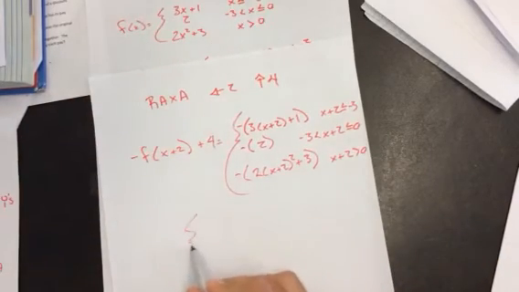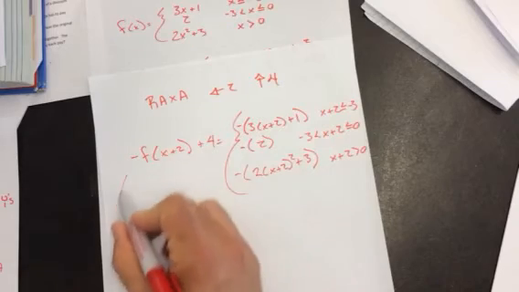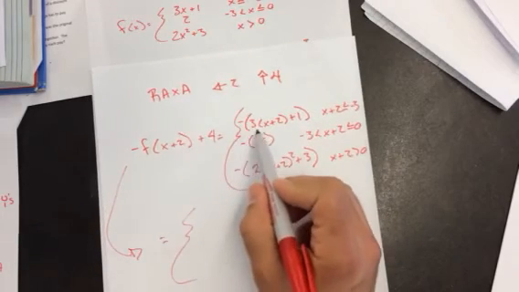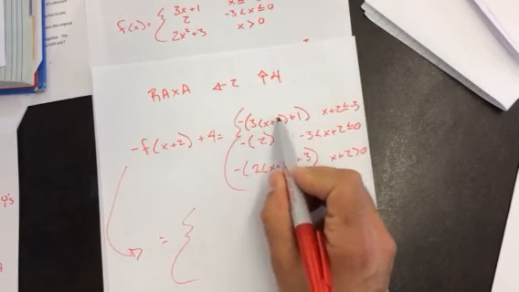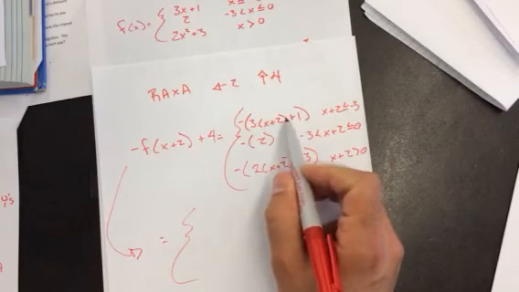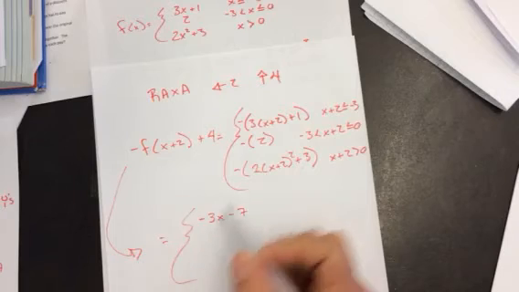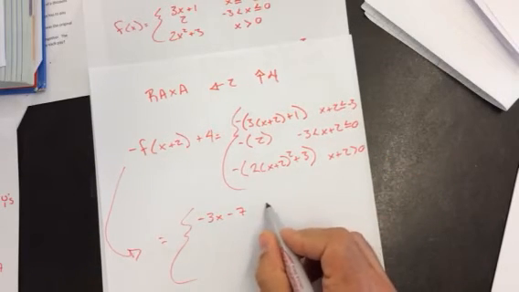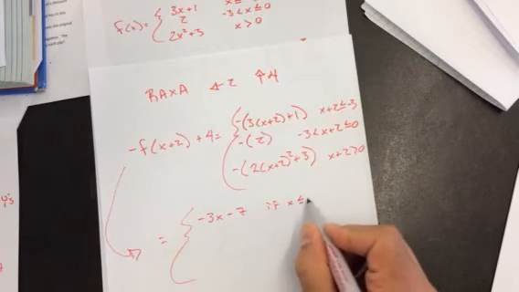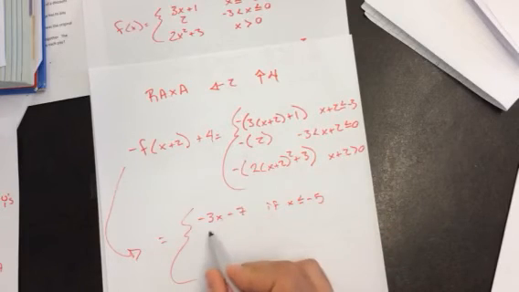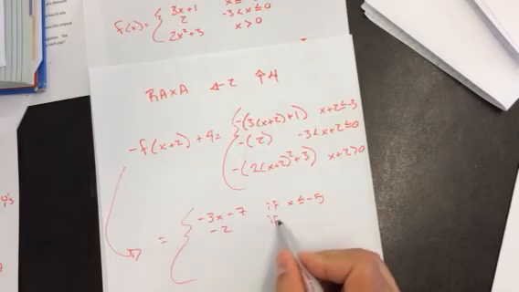Now I'm going to simplify. So I'm going to do 3x plus 6 plus 1, 3x plus 7, and multiply it by negative, negative 3x minus 7. I'm going to subtract the 2 over. Multiply this by negative, gives me negative 2.